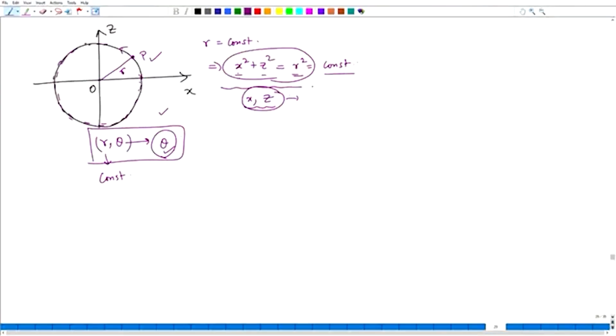So, you see that due to this constraint, there exists a coordinate system where you can actually reduce the degrees of freedom of the problem by 1.